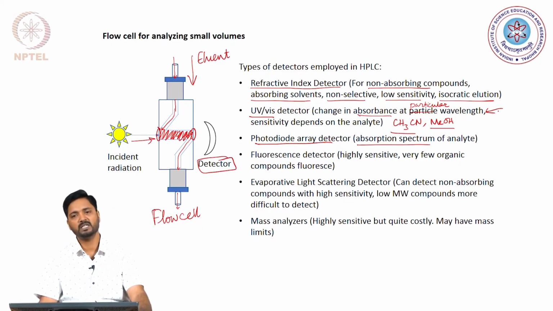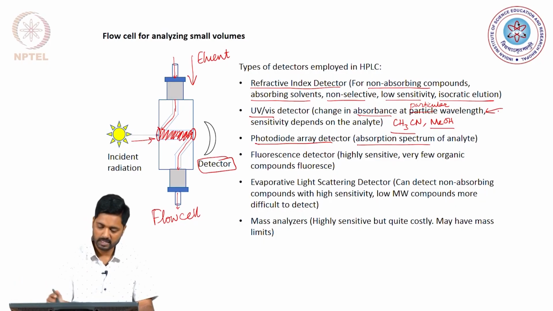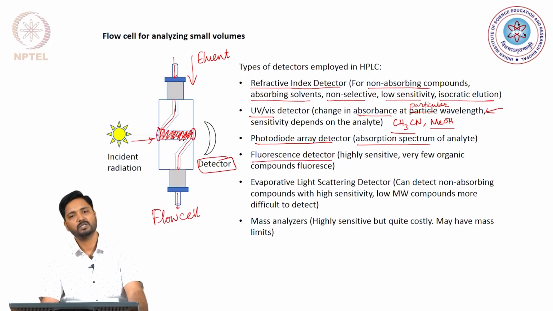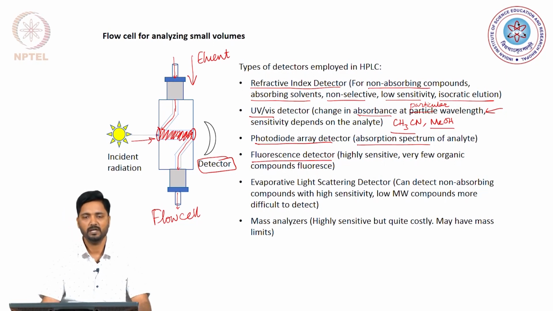Another similar detector that works on the principle of absorption or emission of photon is the fluorescence detector, which is utilized if the compound that we are dealing with or the analyte that we are dealing with can fluoresce or can emit radiation at a different wavelength.